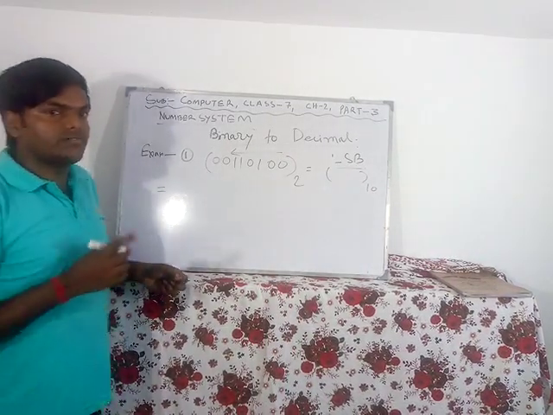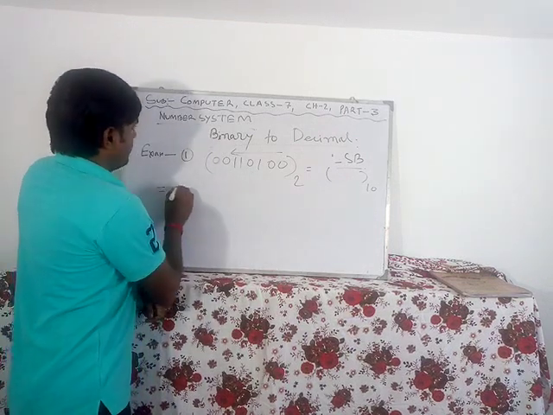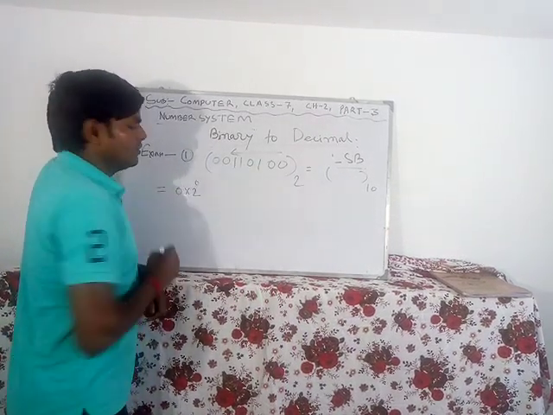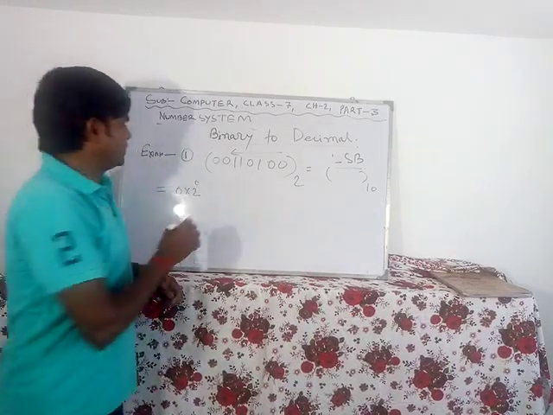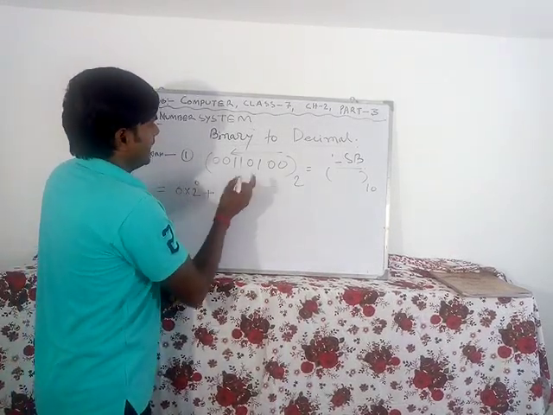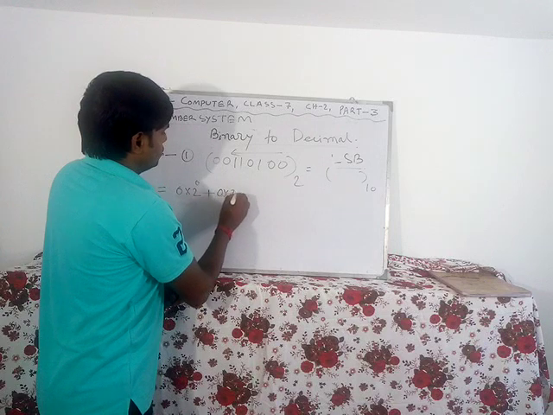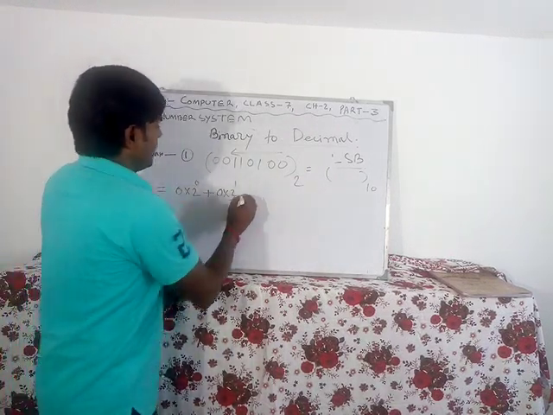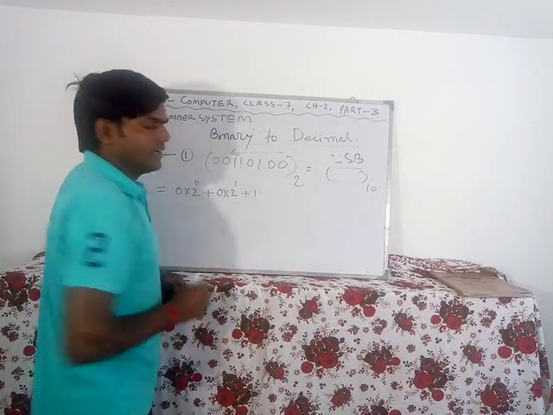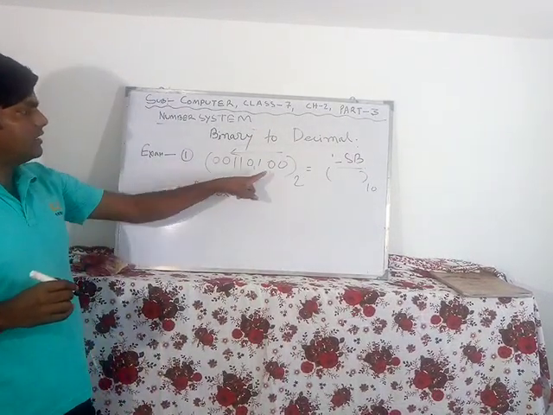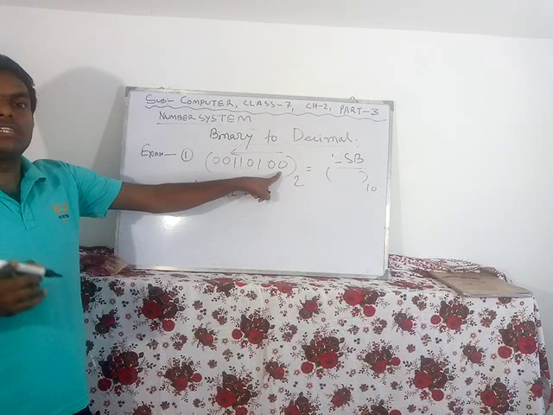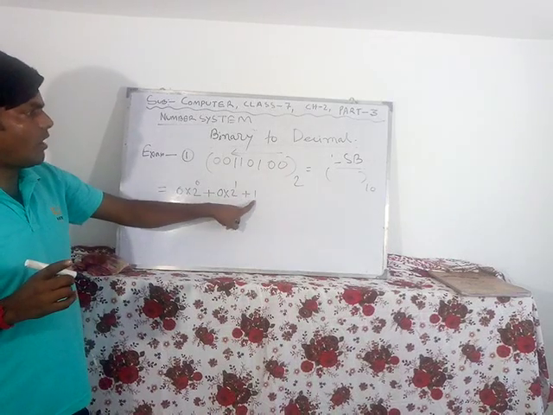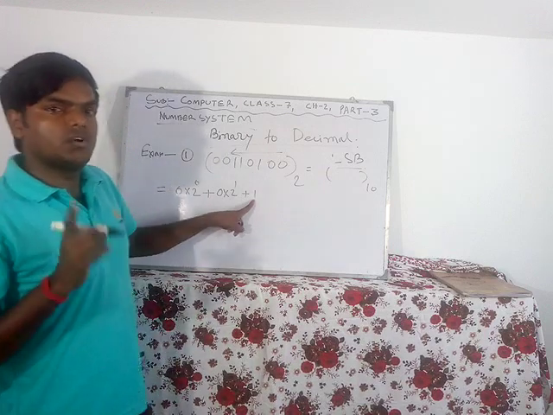The first number is 0 into 2 to the power 0, plus again 0 into 2 to the power 1. The first two digits are 0, then 1 comes again.